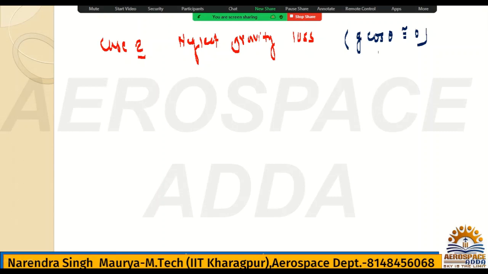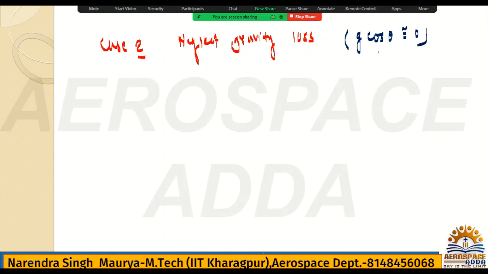Because if you are saying gravitational force is almost 0, that means it is called gravity free flight, or you have to assume that the vehicle is traveling in space. That's the meaning of it.